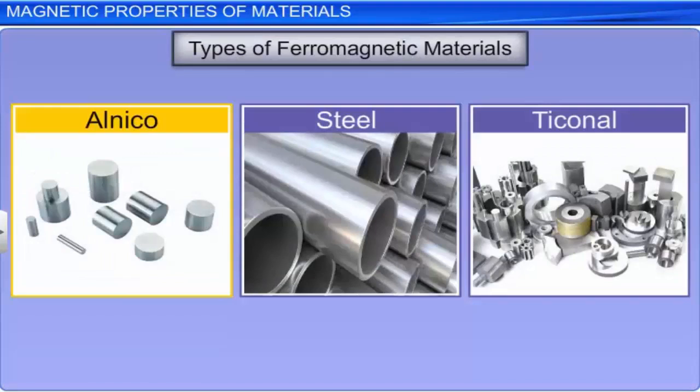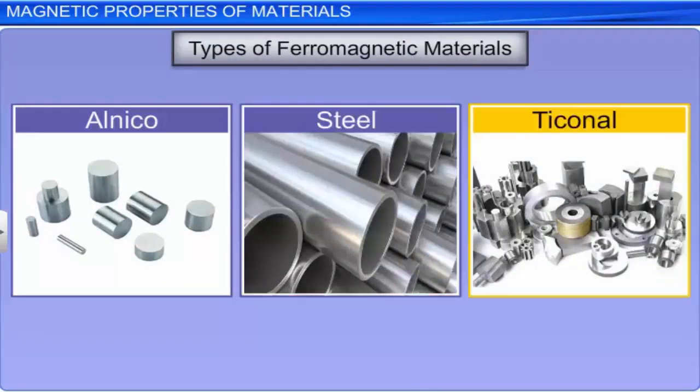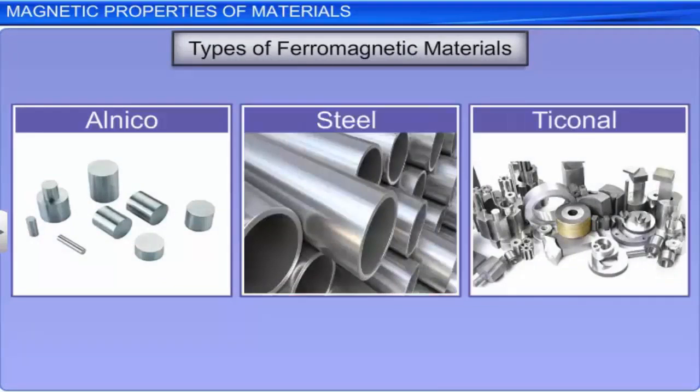Alnico, steel, ticonal, etc. are examples of hard ferromagnetic materials. These materials are used to prepare permanent magnets.